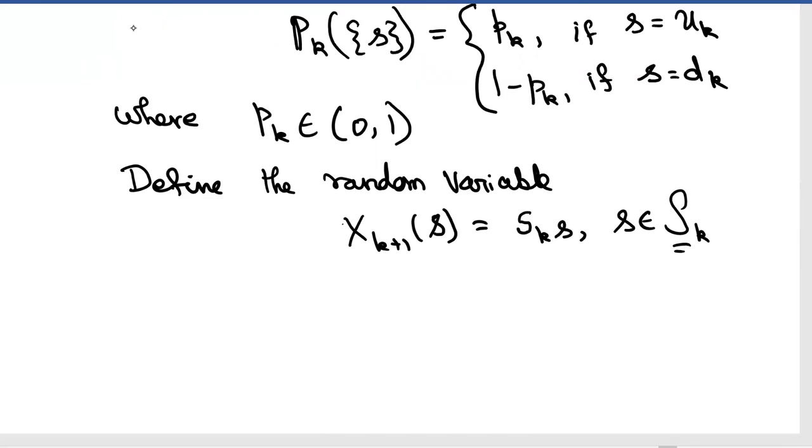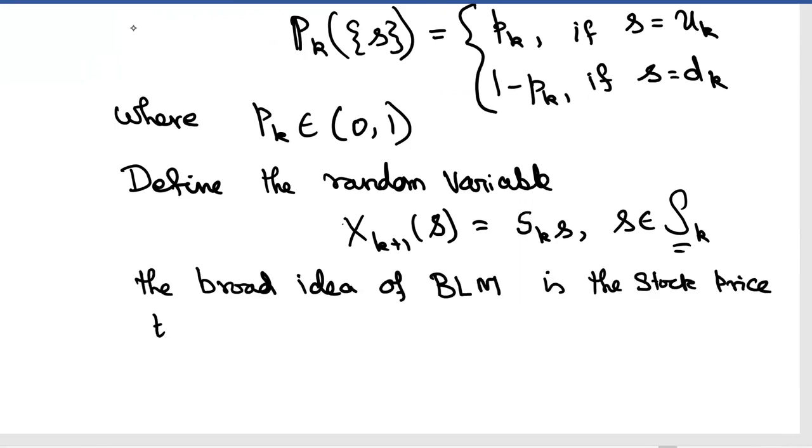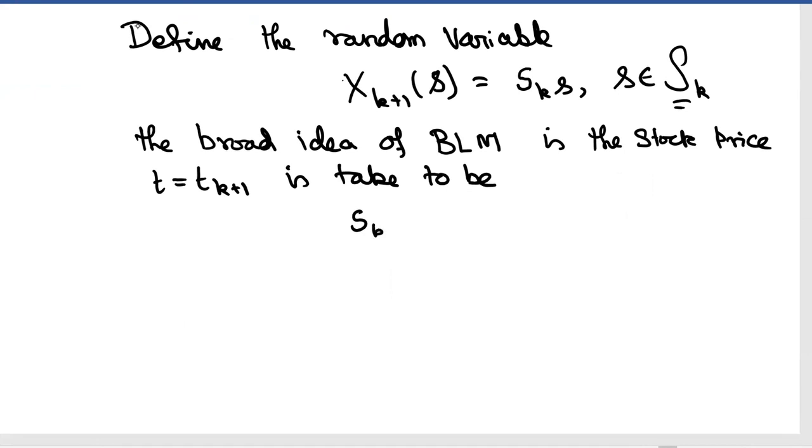So the broad idea of the single-step binomial lattice model is that the stock price at time T equal to tk plus 1 is taken to be Sk plus 1, equal to our Xk plus 1. That is the random variable. Therefore, the stock price at tk plus 1 is a random variable.